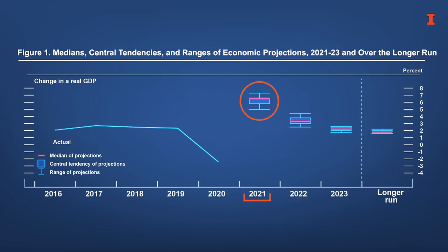You can see that the forecast for 2021 varies between 5 and 7.3%. The difference in the short-term forecasts reflects the uncertainty about the recovery. In the long run, the estimates of the participants are really close to each other, so there's little disagreement about the long run.